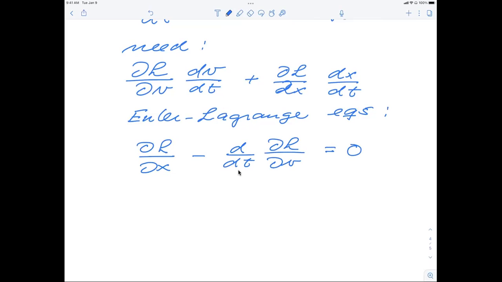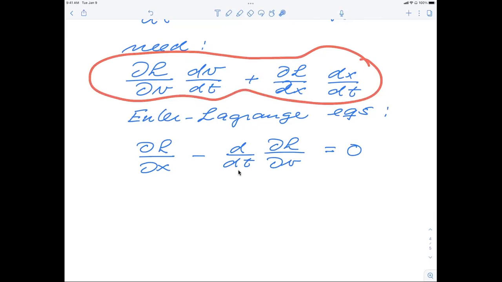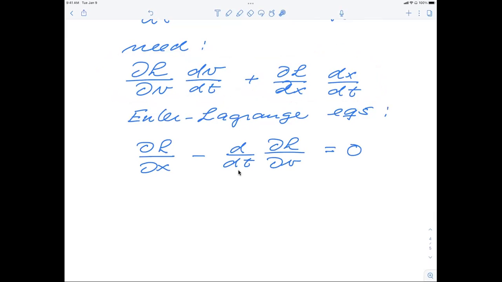Now, this first quantity is going to represent the time derivative of the Lagrangian.